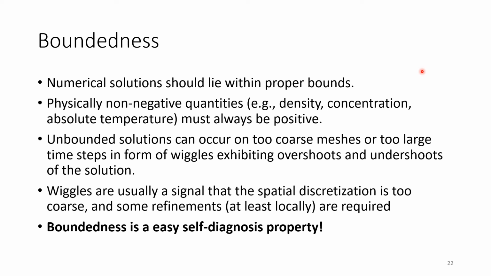Or density is limited as temperature is limited. You know, a lot of physical variables and quantities have boundaries, and if nothing else it means they're non-negative, right? But usually we also have more constrained boundaries. And yeah, so this is very easy to check.